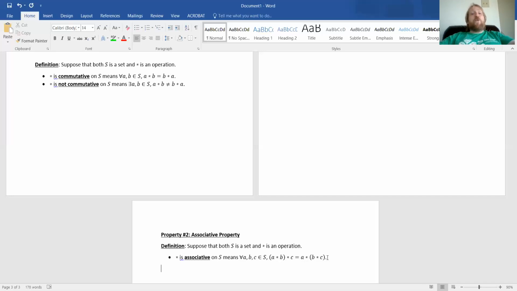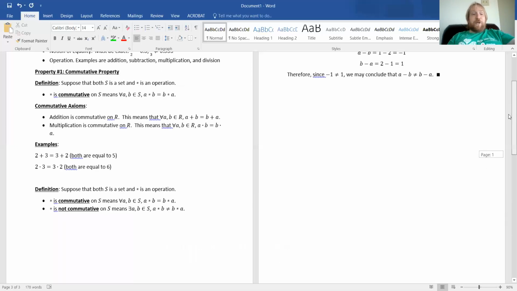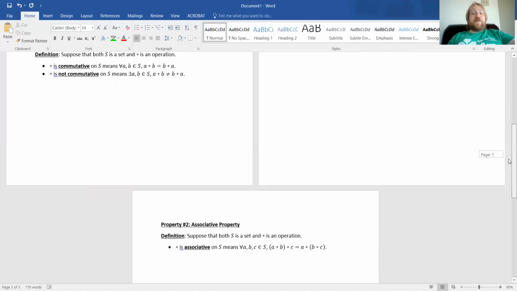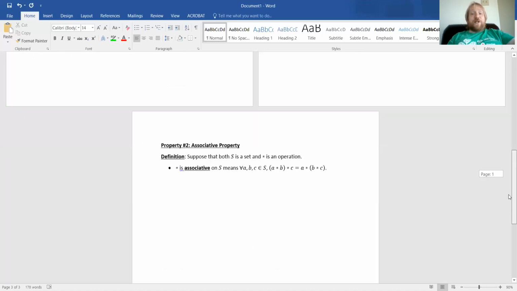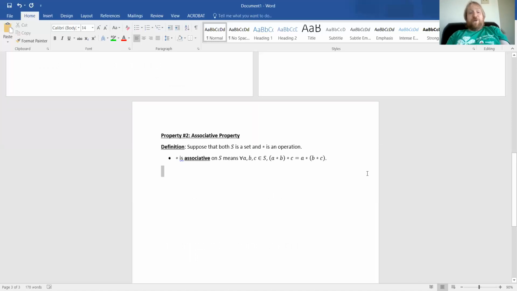Now, what we are going to do is state the associative axioms for addition and multiplication. Just like we accepted the commutative property as an axiom for addition and multiplication, we are going to accept the associative property as an axiom for addition and multiplication. So we get the following associative axioms here.